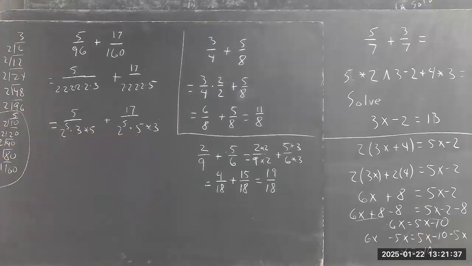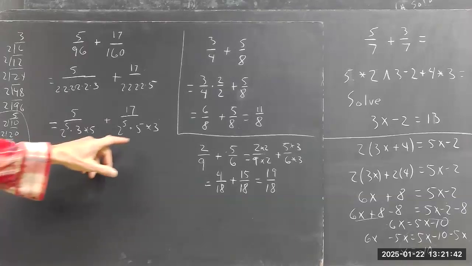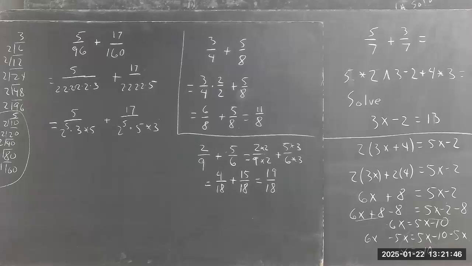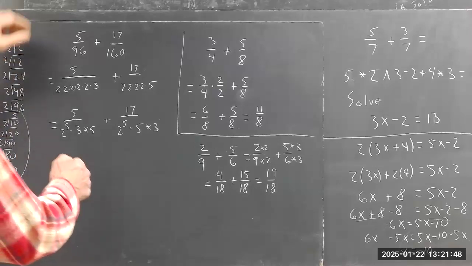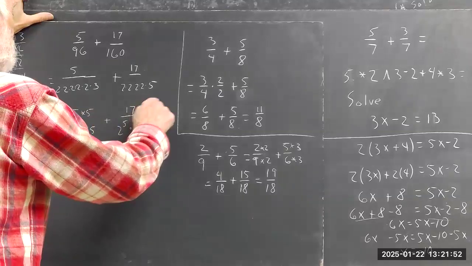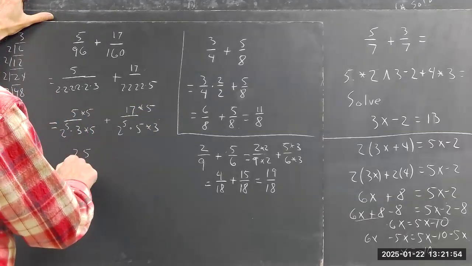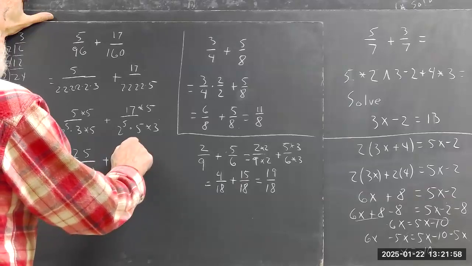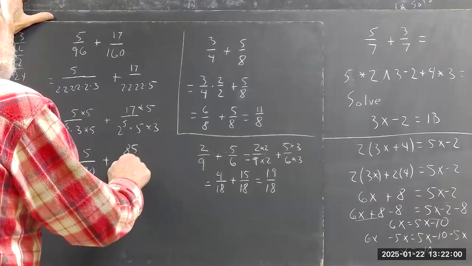And now the denominators are going to be the same, aren't they? Because each of them has a 2 to the 5th, and 3 times 5 and 5 times 3 is the same thing. But of course, I can't just do that to the denominator. I got to do that to the numerator. And then I get 25 over 480 plus 85 over 480.